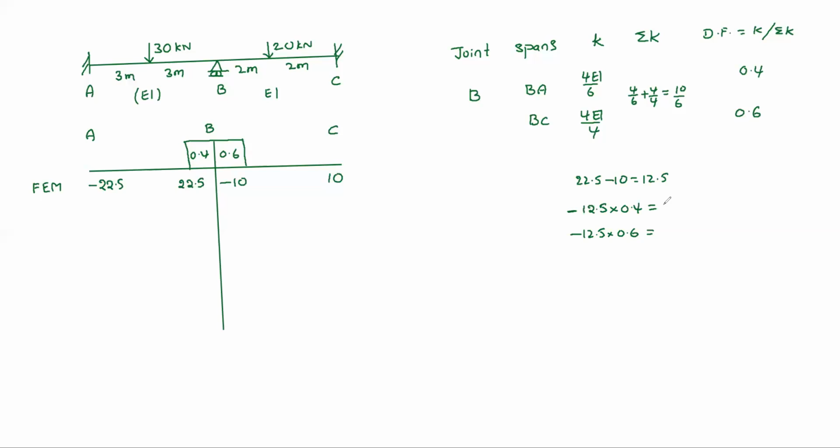How much? That is 5, and this is minus 5 and minus 7.5. As the far ends are fixed, carry over 50% will come like this, minus 3.75.